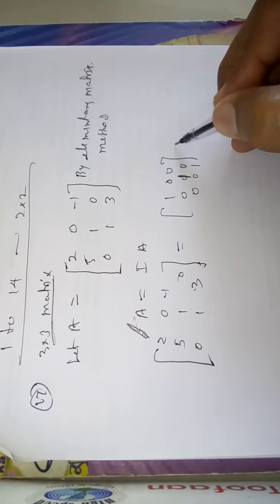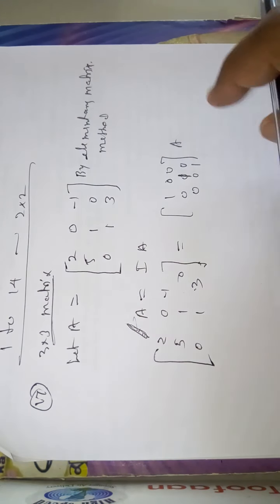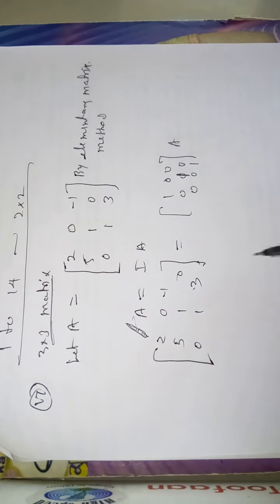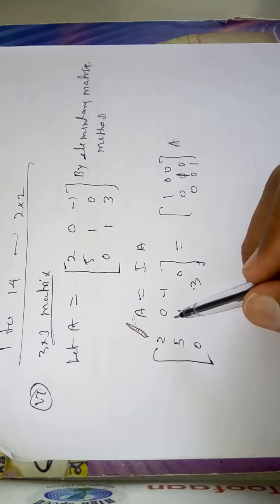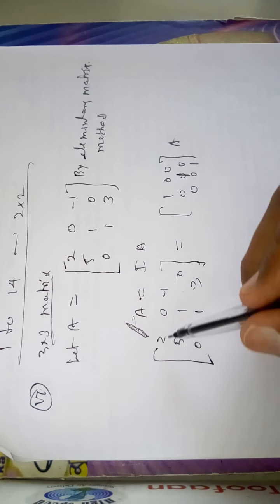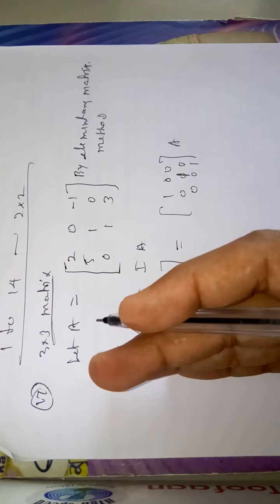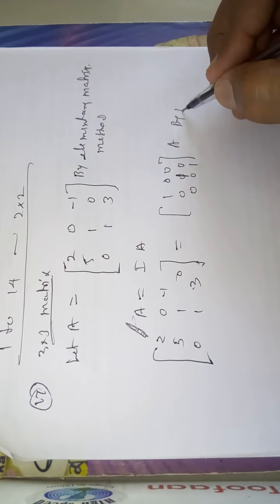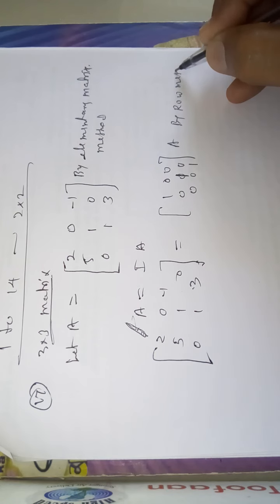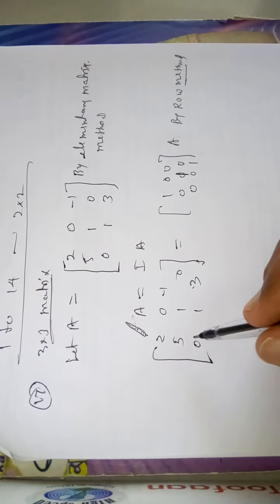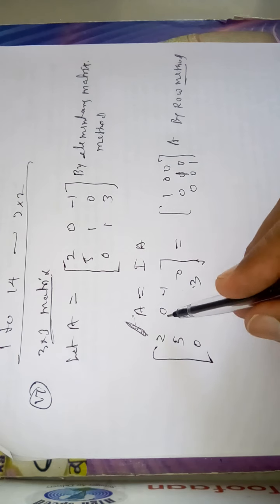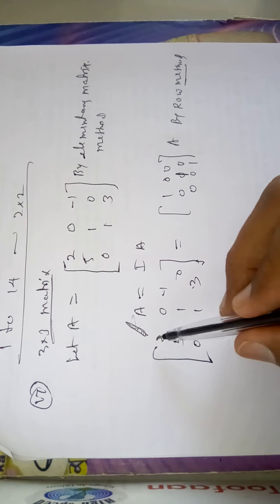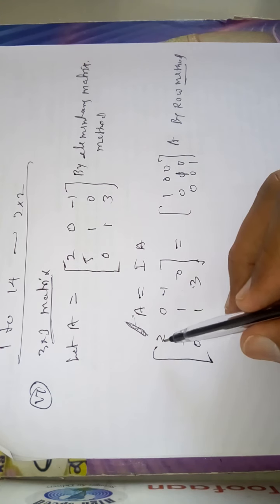We change both sides by the same rule. This 2 should change to 1. Suppose the column is not changed; only the row method is used. So rows R1, R2, R3. I change the first element of R1: 2 divided by 2 equals 1.